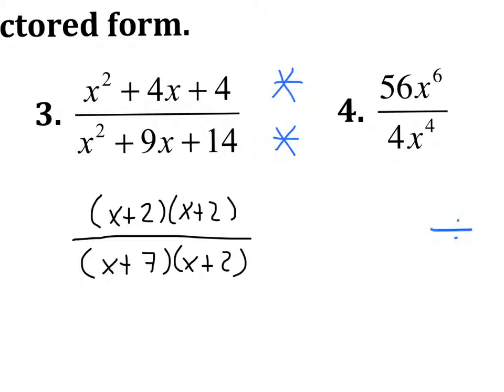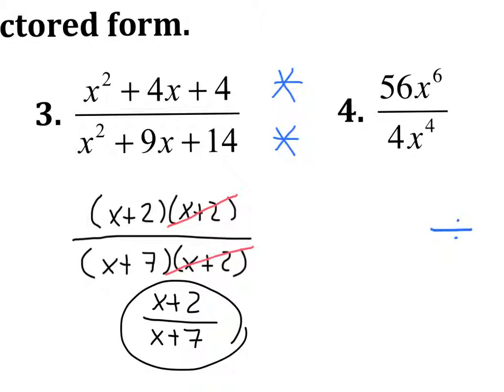Now that we have factored form, we can reduce a pair of x plus 2's. All of it. Do not reduce the x and the x and the 2 and the 2. All or nothing. And now my final answer is just to write the remainder. I do not need grouping symbols because the fraction bar is a grouping symbol. So that would be my final simplified form.